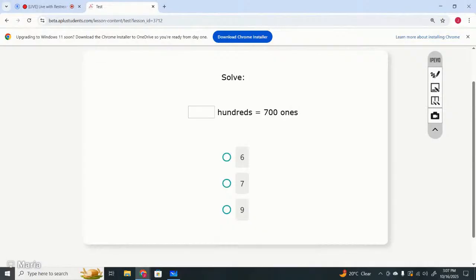700 ones equal how many hundreds? 700 ones equals 7 hundreds. Option number 2 is the correct option.